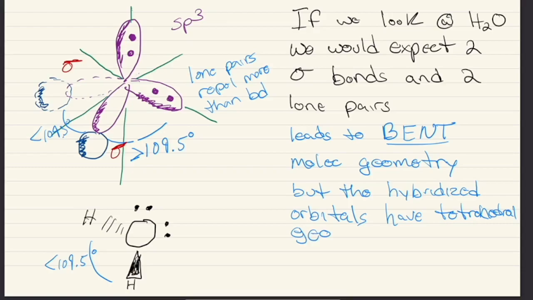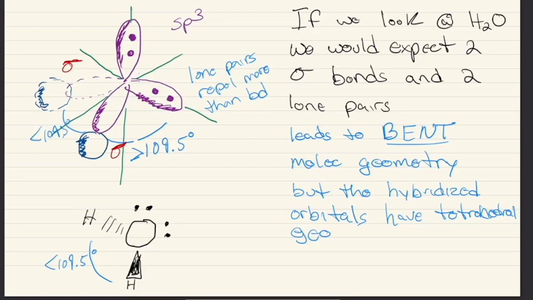And we recognize that from our VSEPR experiment in the laboratory. So there are sp3, sp2, sp, and then an extra sp3 example showing that even when lone pairs exist on the central atom, we can still utilize valence bond theory to predict orientation, molecular geometry, and to predict these bond angles.